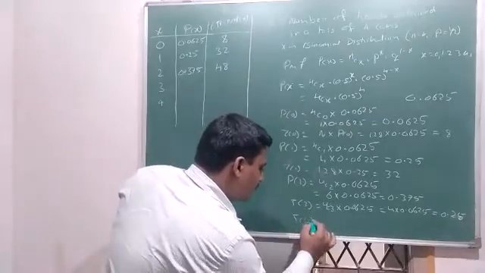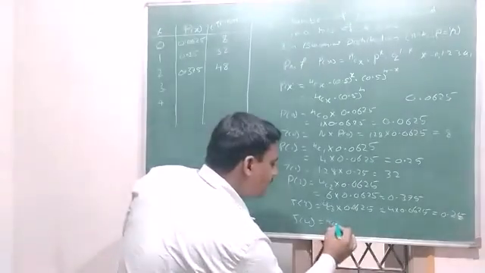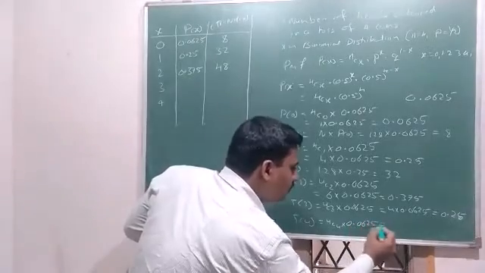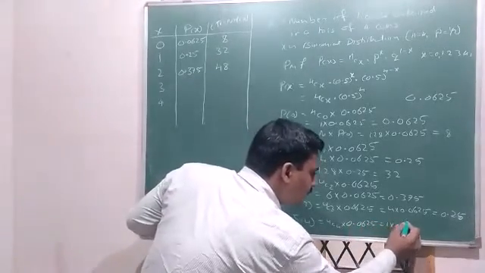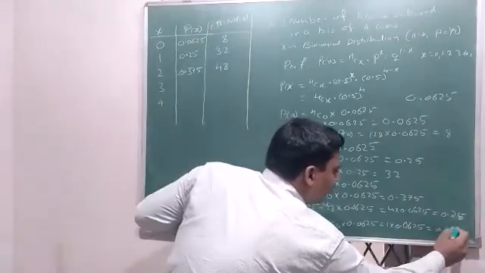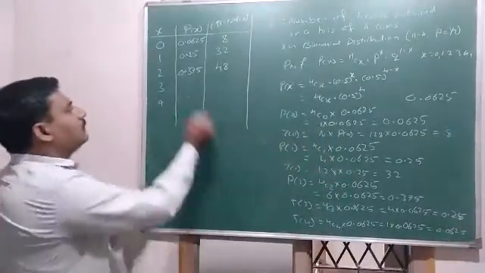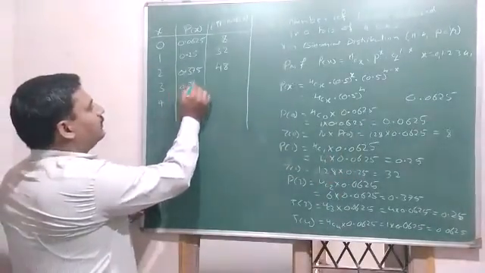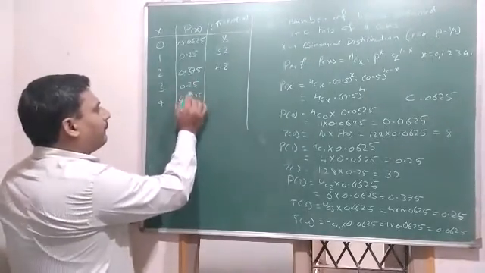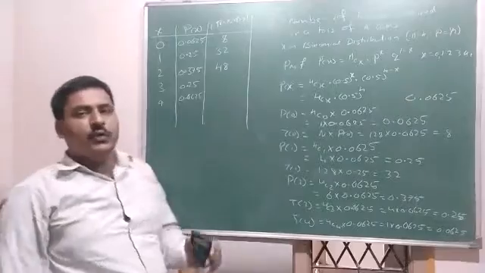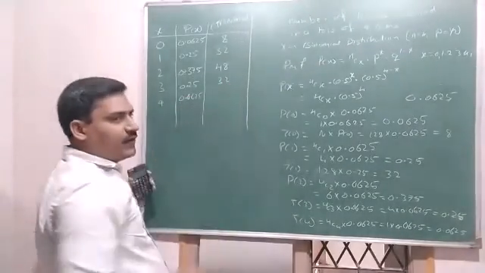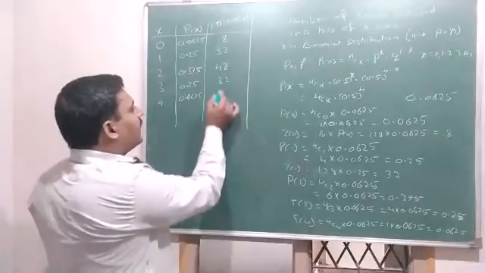And the last one, P of 4 is equal to 4C4 into 0.0625, which is 1 into 0.0625, equal to 0.0625. So here it is 0.25 and 0.0625. And 0.25 into 128 is 32, and 0.0625 into 128 is 8.